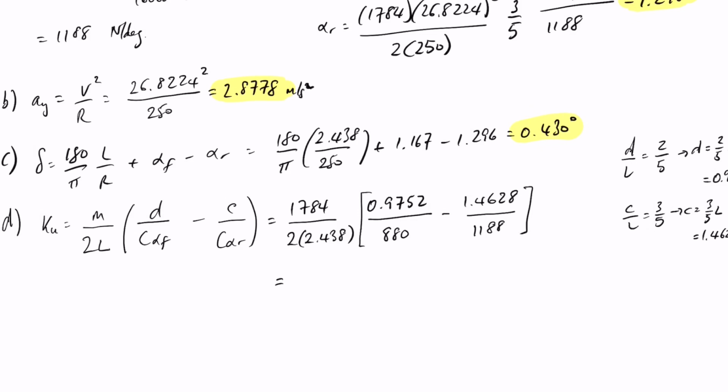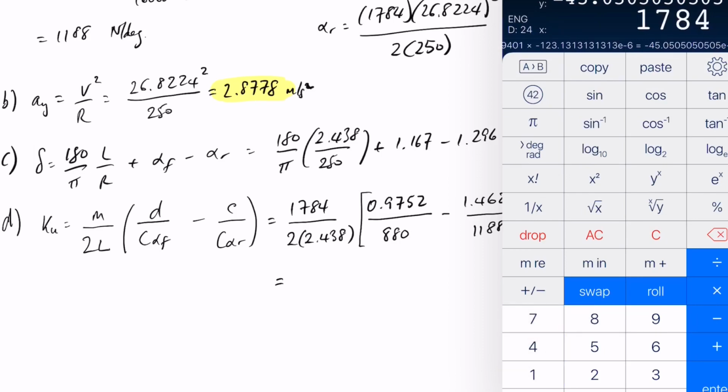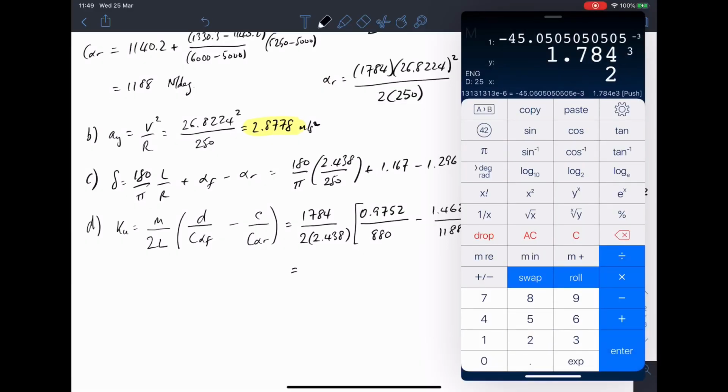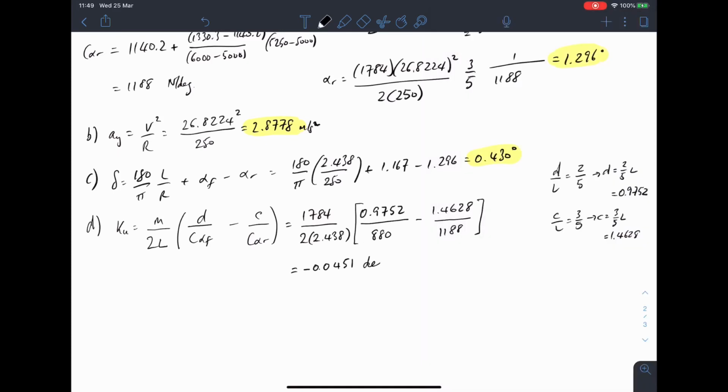And if you do the sum for this, 1784 divided by 2 divided by 2.438, then we've got 0.9752 divided by 880, and we've got 1.4628 divided by 1188. Subtract those, multiply by that, we get minus 0.0451 degrees per meters per second squared.